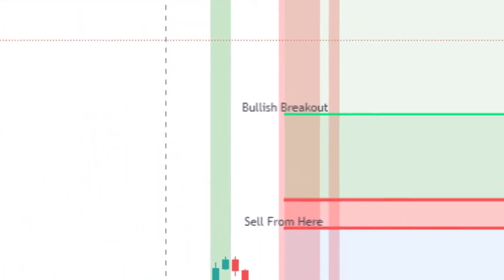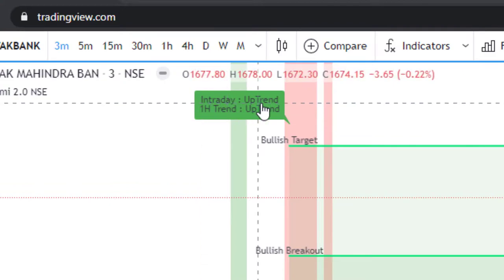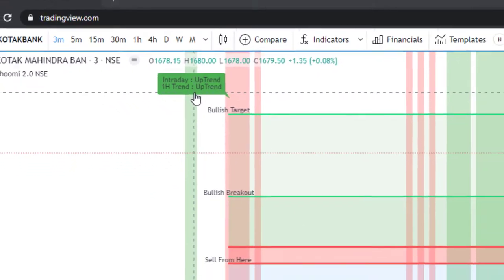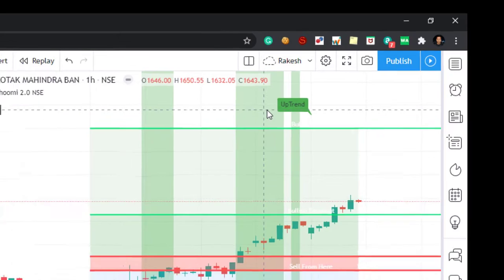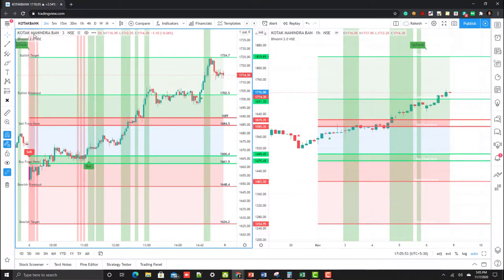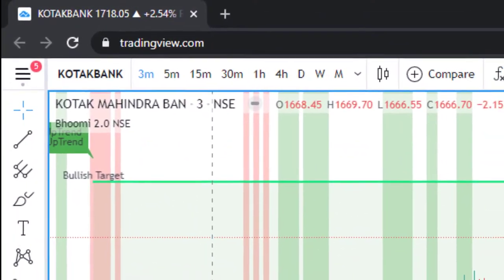Similarly, we have a label at the very left top. Now this says that intraday uptrend and also 1 hour uptrend. So what does this mean? So let's take a split window here, and I take Kotak Mahindra 3 minutes, my intraday default time frame in the first window.